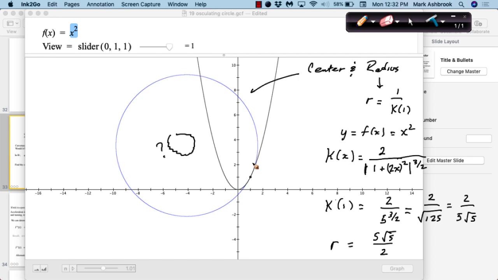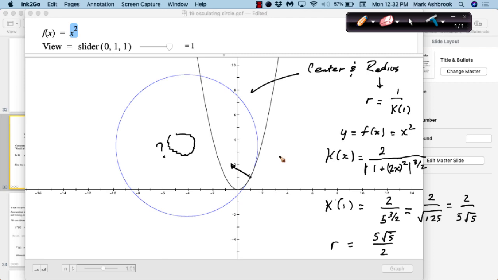He wants to take the normal vector and multiply it by the radius. So why the normal vector? It's orthogonal to the curve. Is the normal vector going to point at the center of our circle? Yeah, that should feel right. The normal vector at that point on the curve is going to point right at the center. So then we're going to take the normal vector.